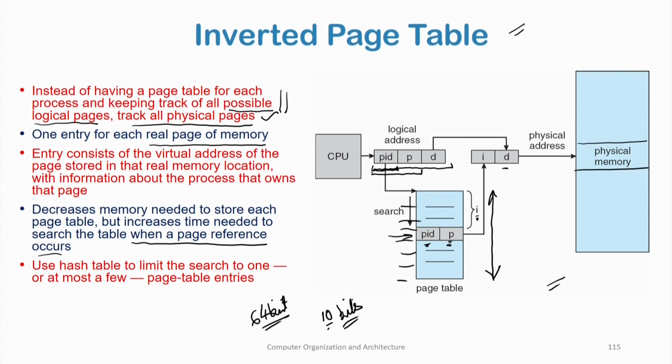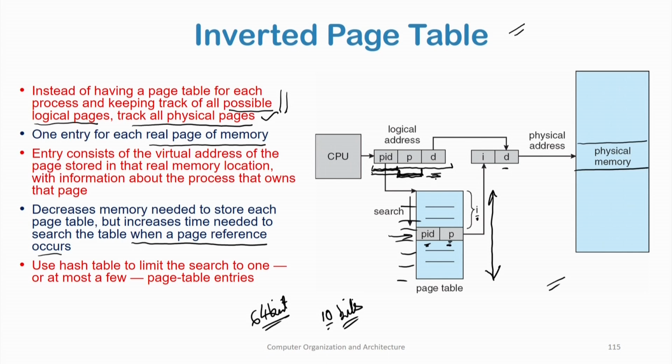So, this combination of PID, that means which process, and what is the virtual page number. Let us say I keep 12 bits for my page offset, and 10 bits for my process ID.